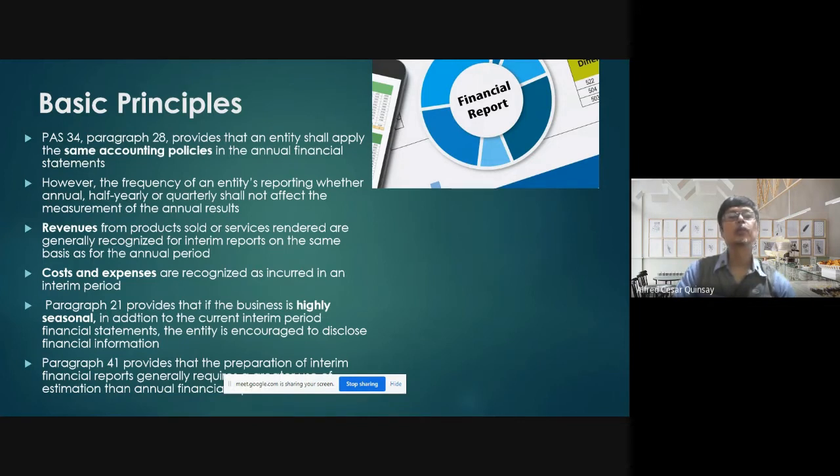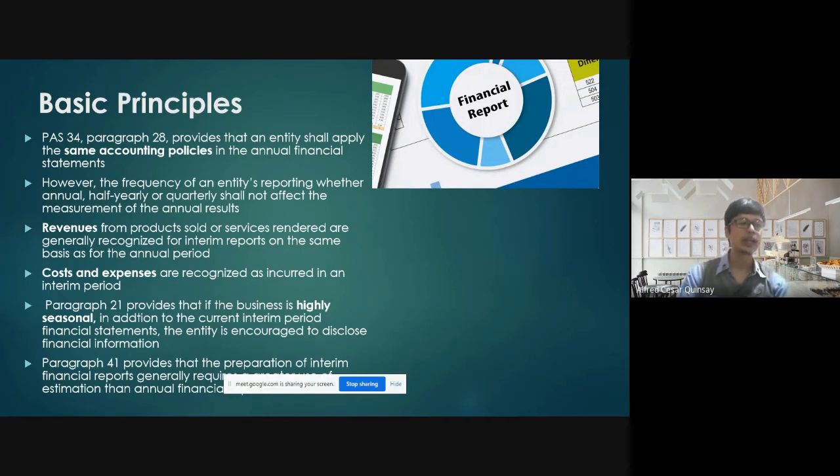Revenues from products sold or services rendered are generally recognized for interim reports on the same basis for the annual report. So meaning if, let's say, the revenue was earned during that interim period, then they should recognize that, no? Costs and expenses are recognized as incurred in an interim period. Yan.